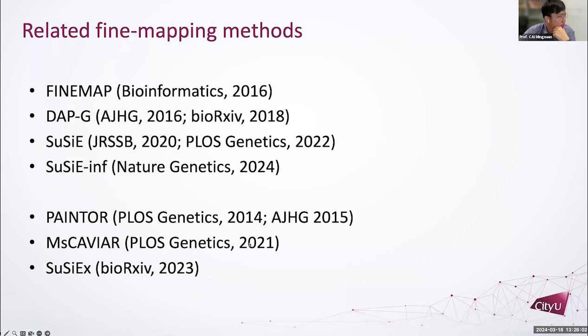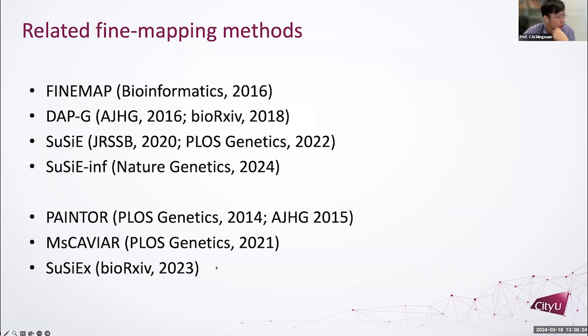And MsCAVIAR was proposed in 2021, and it tried to combine different populations, but because it used exhaustive search, the computation is a problem. SuSiEx was proposed almost at the same time as our method. It's now on bioRxiv and is published.